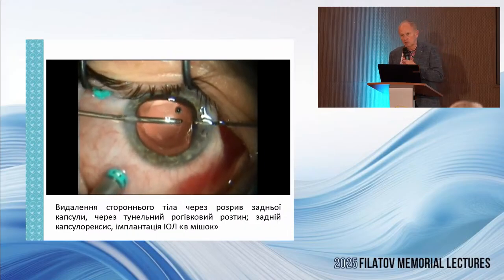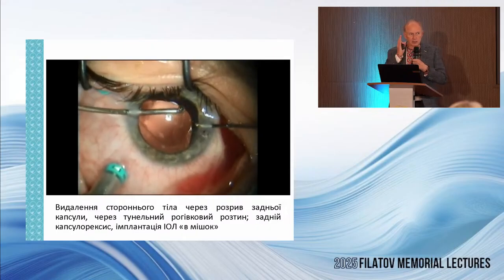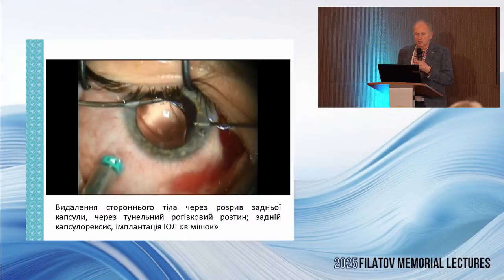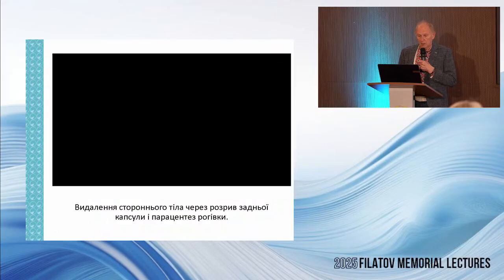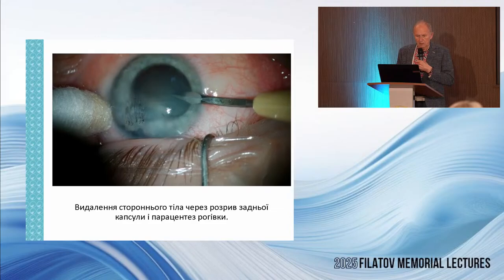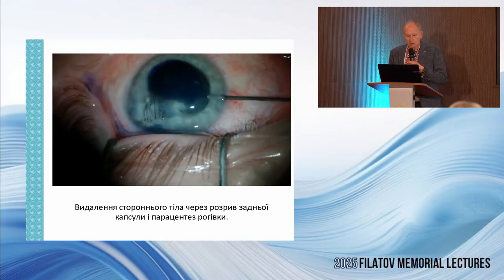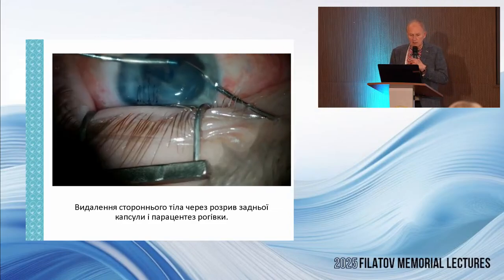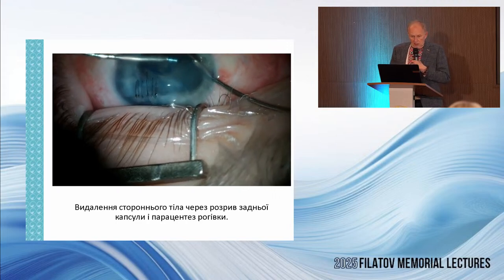However, even partial capsulorhexis can result in better outcomes so that the whole complex of the lens can be fixed. So, this is how the foreign body is removed through the posterior capsule.